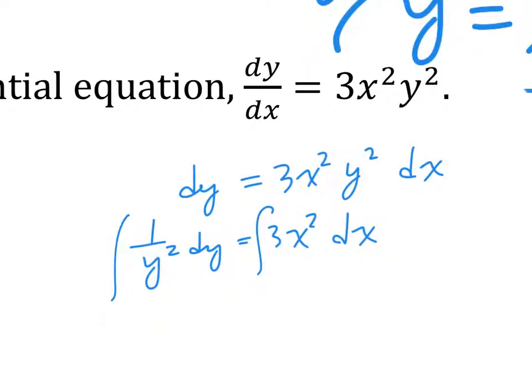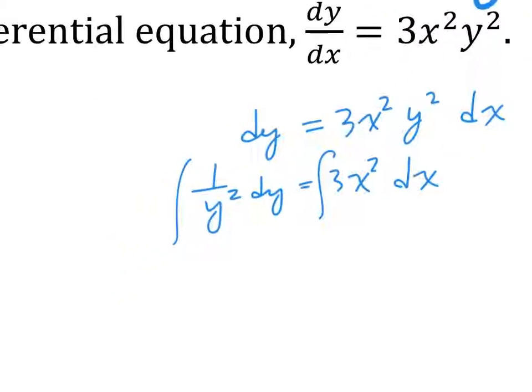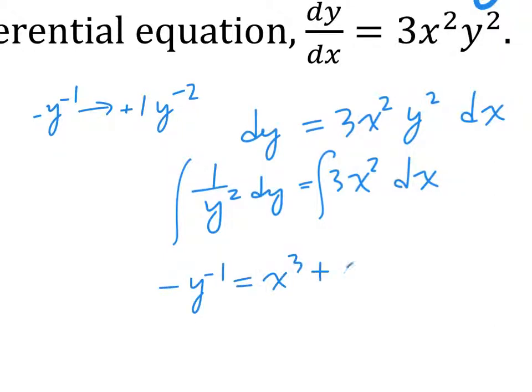You are going to take the integral. So the integral of 1 over y squared. 1 over y squared is y to the negative 2. So 1 degree higher is y to the negative 1. So that is negative 1, y to the negative 1. We don't want that negative in the front, so then we're going to multiply by negative 1. So this is negative y to the negative 1 equals x cubed plus c.